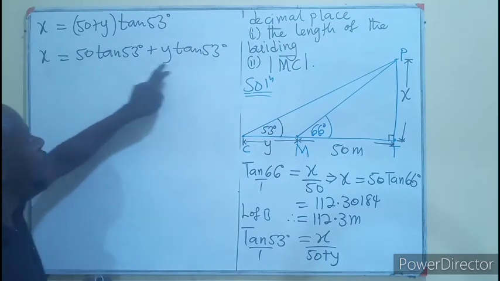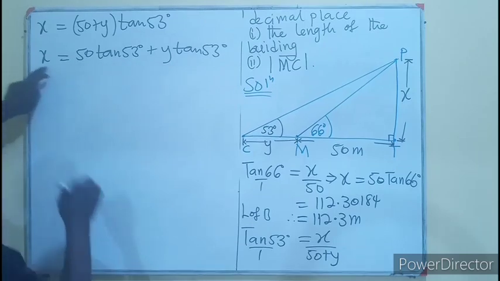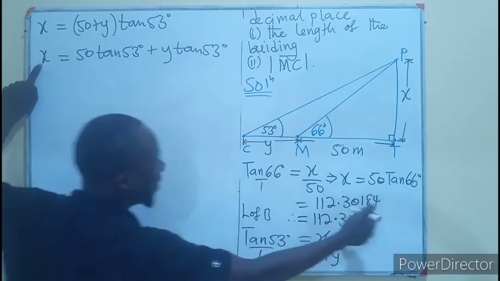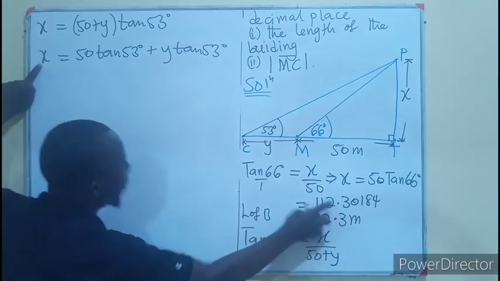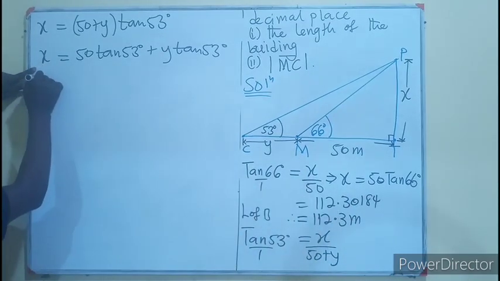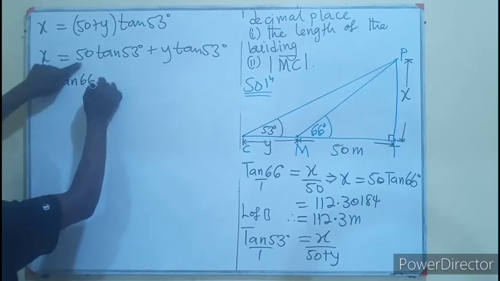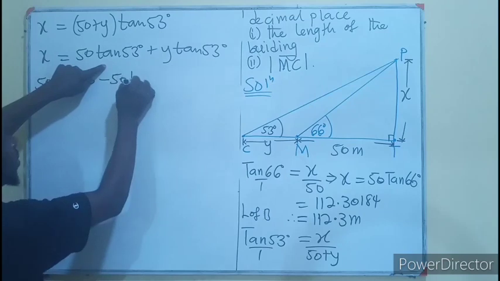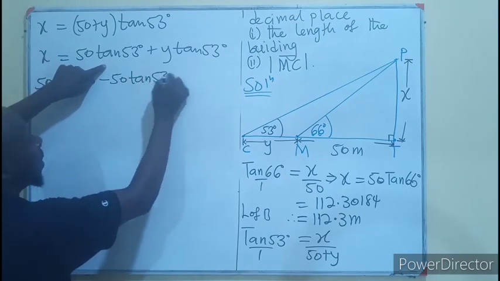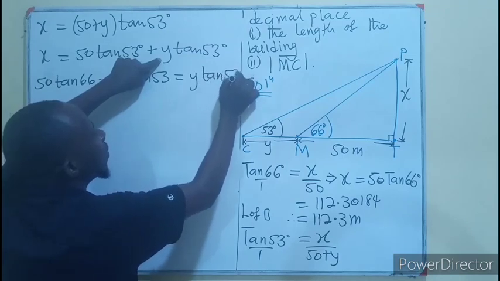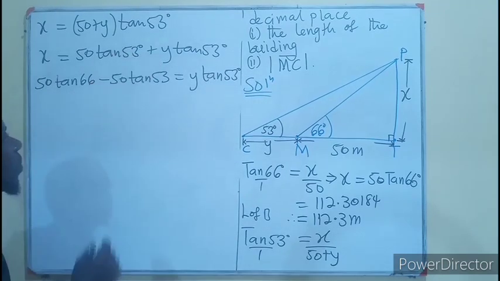Here is the Y. So we take this one away. Don't forget, we know X to be 50 times tan 66, or better still, this value. But then maintain 50 times tan 66 minus 50 times tan 53 equals Y tan 53 degrees.